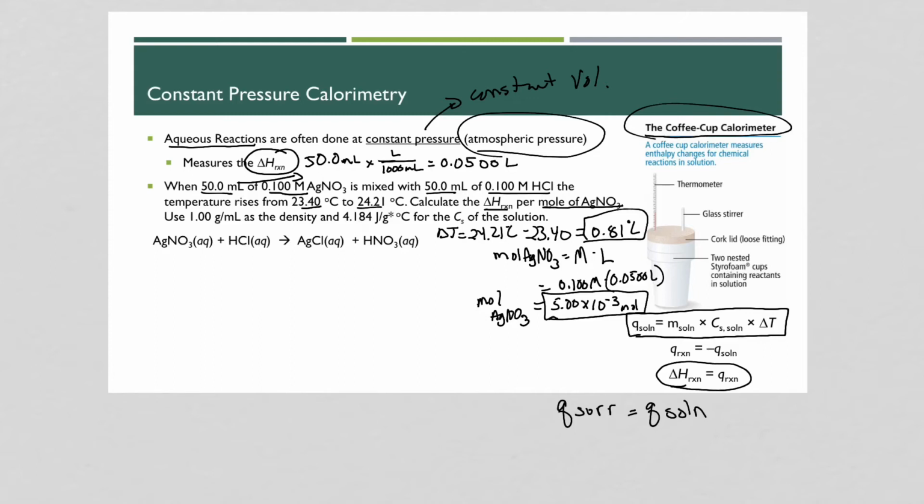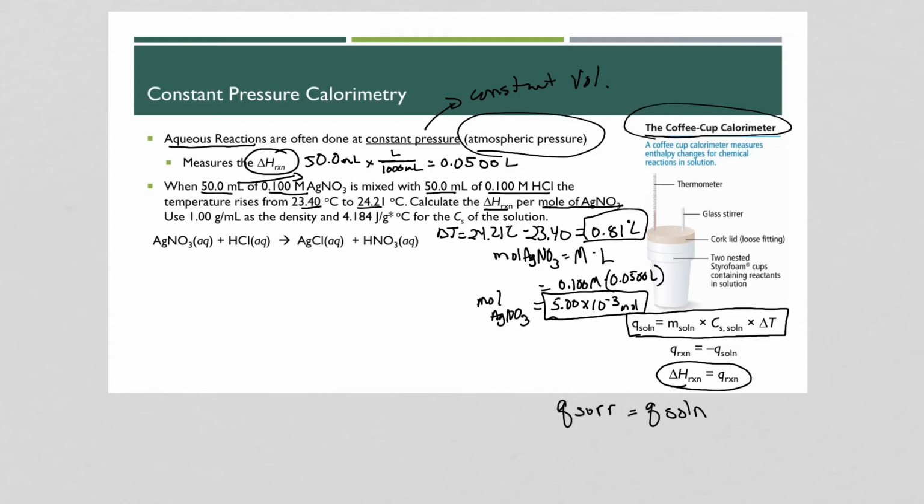So in this case, since we've got aqueous, it's silver ions and nitrate ions interacting with hydrogen ions and chloride ions, right? It's just those ions that are reacting with each other. That's the system. Everything else, the water it's dissolved in, the styrofoam cup, is all the surroundings.